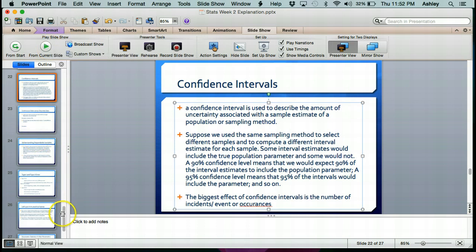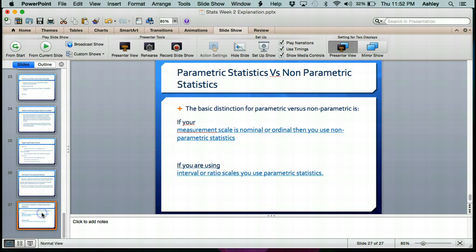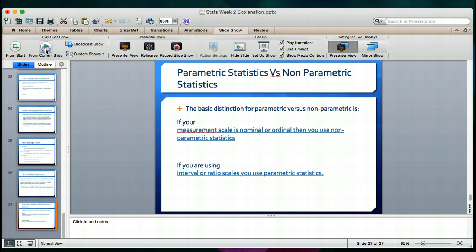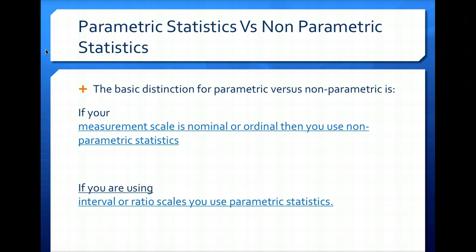Last but not least, I want to talk about the differences between the types of statistics that exist. Through this lecture, I have mentioned that some of them are parametric and some of them are non-parametric, but what does that mean? I want you to take a basic understanding of it at this point. The basic distinction is if your measurement scale is nominal or ordinal, then you use non-parametric statistics.